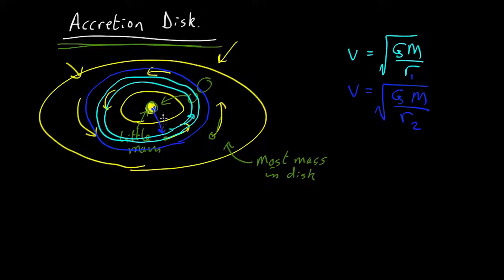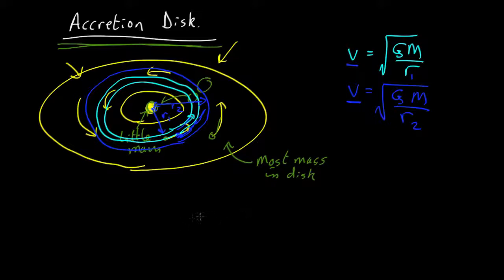So here's r1, and there's r2. What this means is the velocity in this dark blue ring is going to be a little bit smaller than the velocity in the bright blue one. So you've got two rings, donuts of gas, travelling at different speeds, but they're right next to each other.